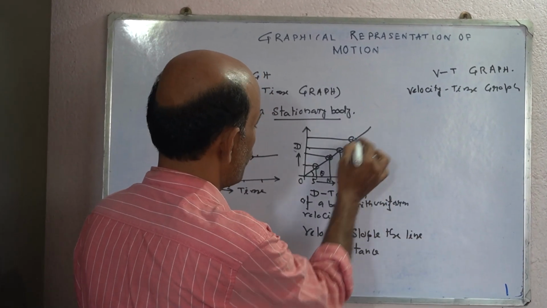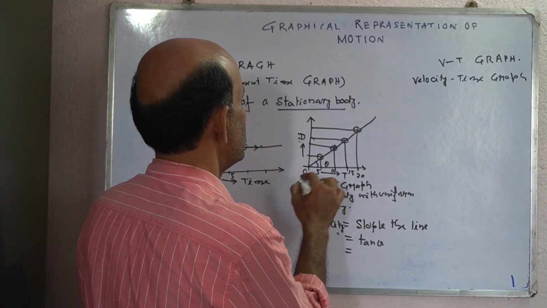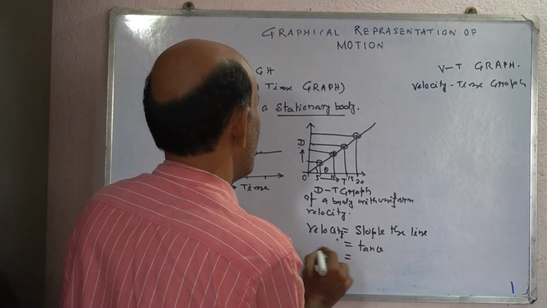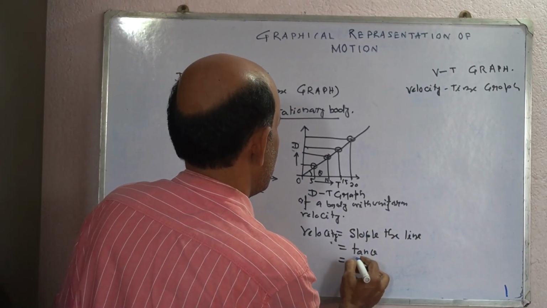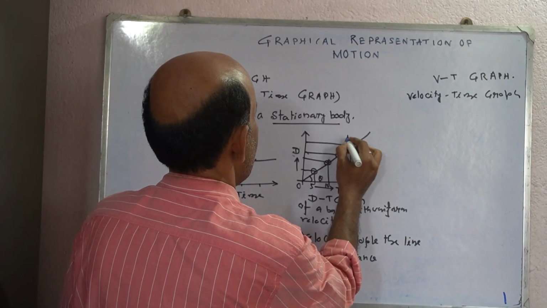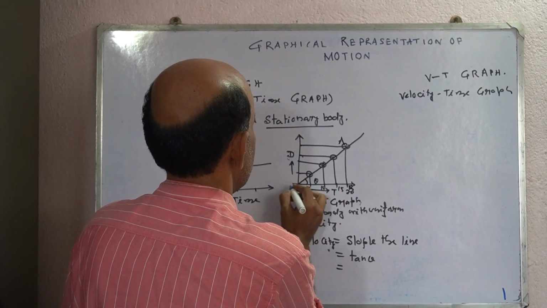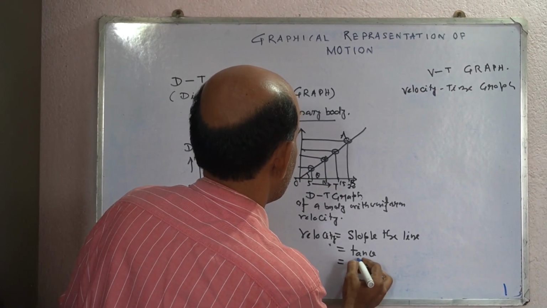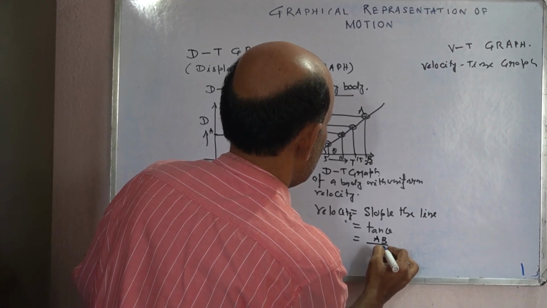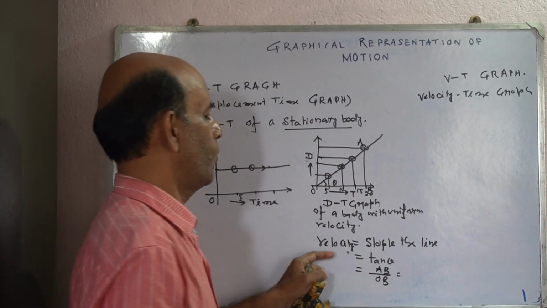Velocity is equal to the slope of the line, and in a distance-time graph, the slope of the line represents perpendicular by base. That means AB by OB. This will be the velocity.